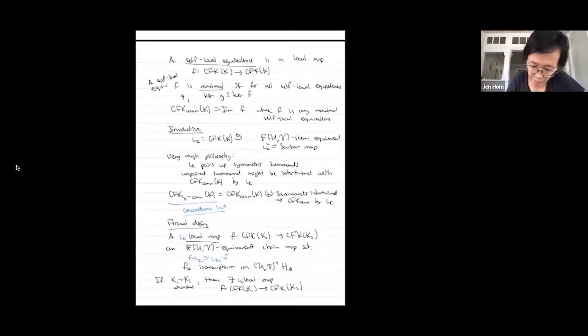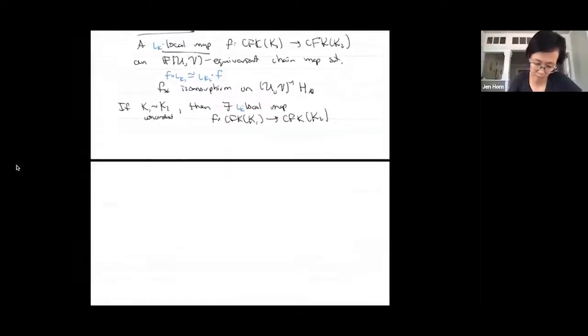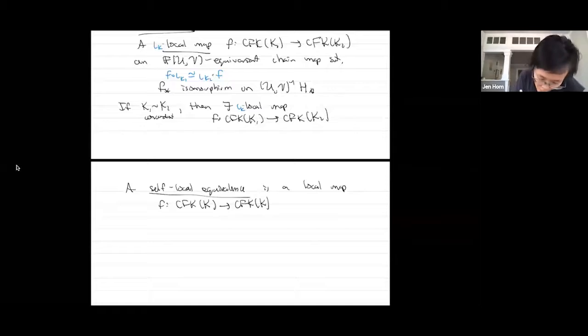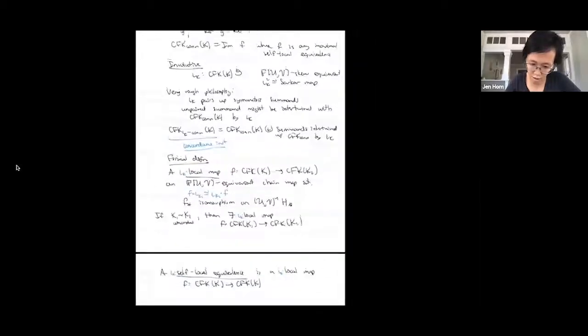And now we can define an iota K self-local equivalence. An iota K self-local equivalence is an iota K local map. And then you can define maximal in the same way, so let's also copy that part of the definition.